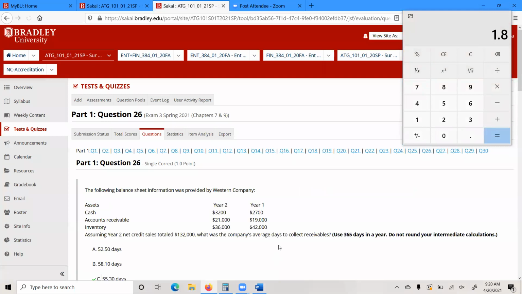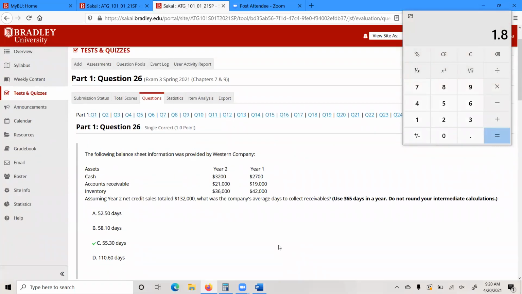26, we had the average days to collect accounts receivable. Going through all the headache of the calculation, we do have to come up with an average.